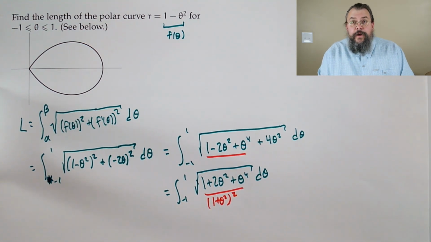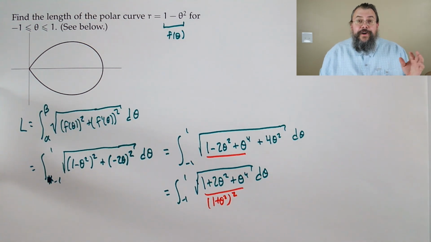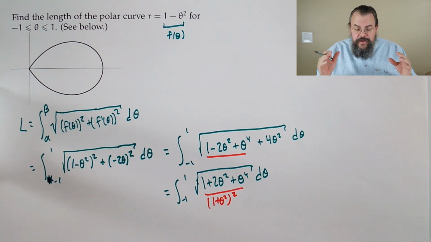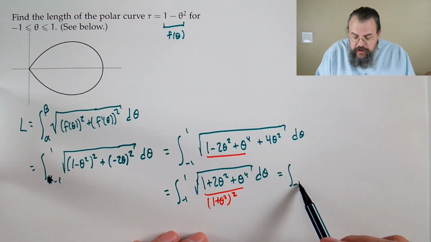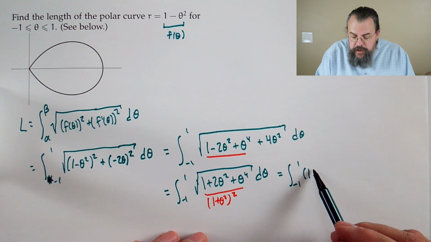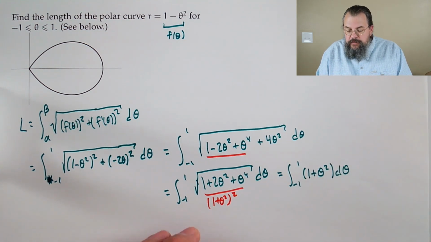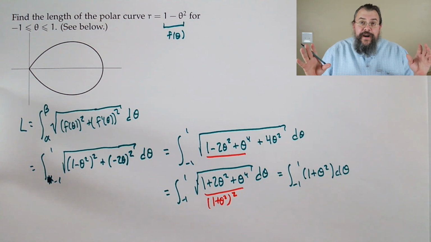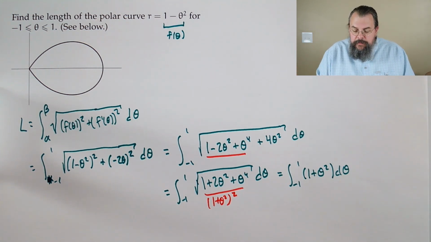And you notice that there's a square root, and therefore we say, aha, we can get rid of the square root. The square and the square root will undo each other in this case, and we end up with the integral -1 to 1, 1 plus theta squared d theta. Beautiful. Everything's positive, so there's no worry about some weird absolute value thing happening.